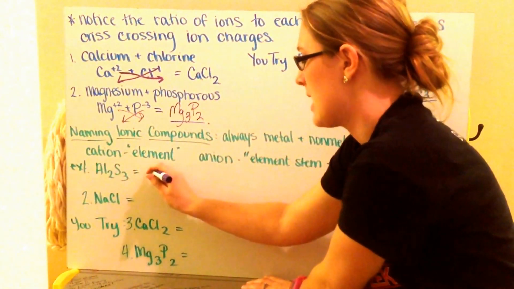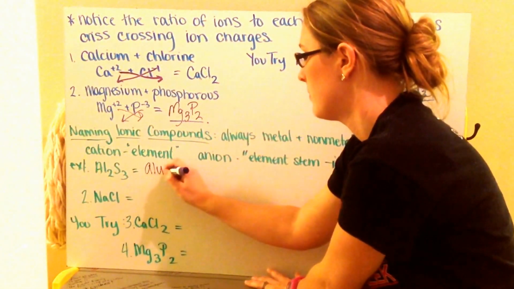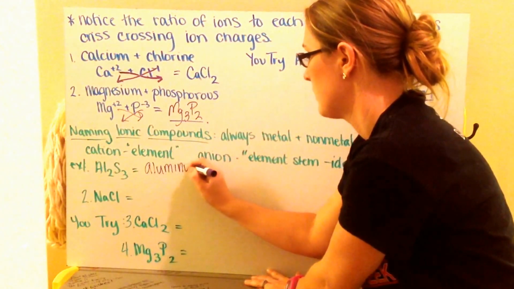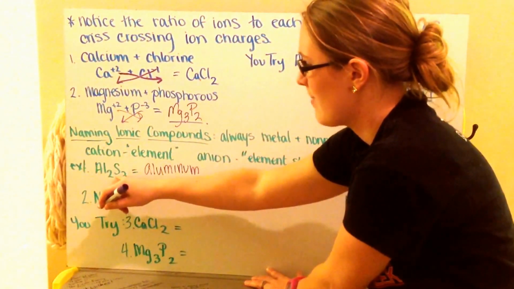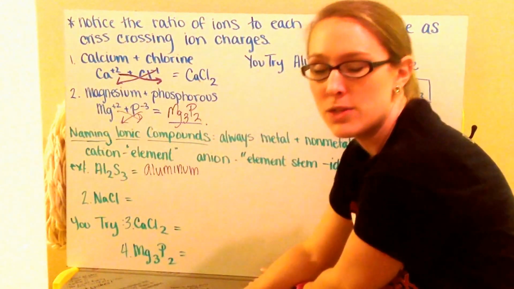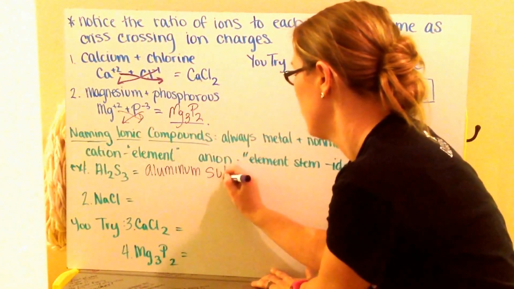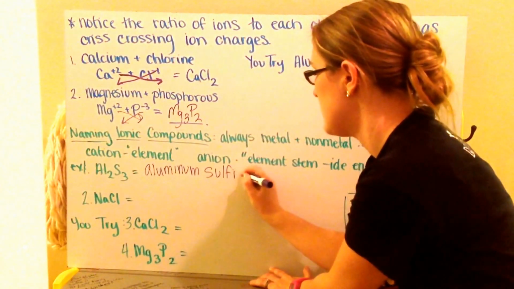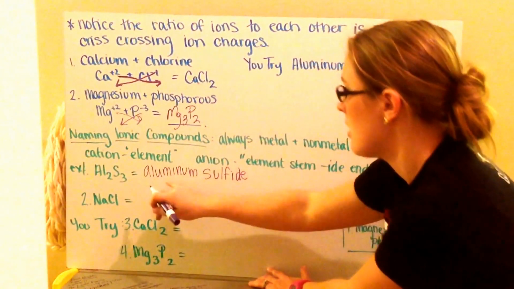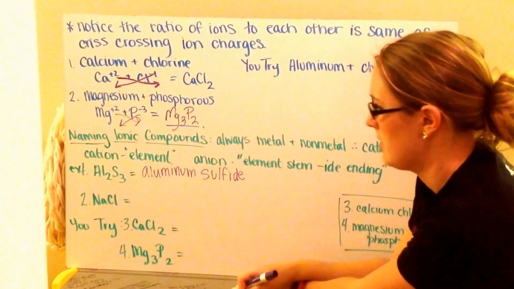Aluminum is my cation, so I write aluminum. And then I write my anion, which is sulfur -2, sulfur having the stem of sulf, and then my IDE ending. So I get aluminum sulfide.